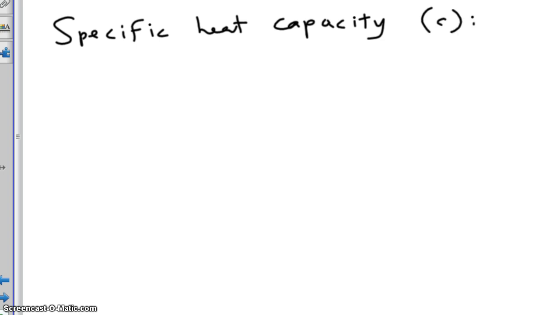Which has the variable C. So here's the official IB definition.